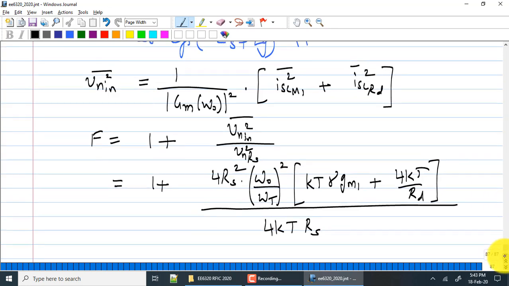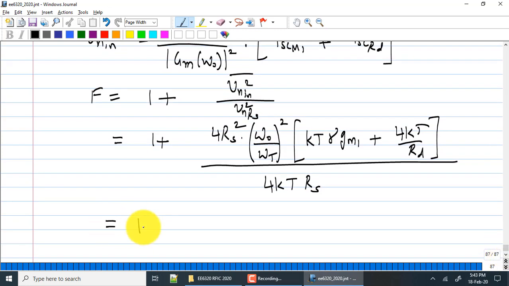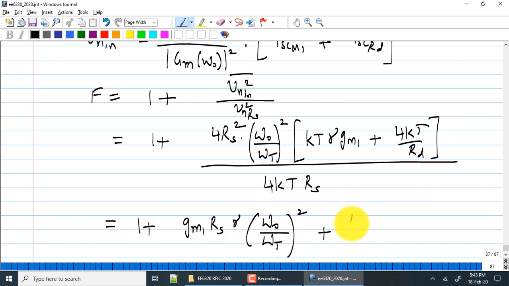So it's 4r squared into omega naught by omega t the whole square. So 1 plus, so gm1 rs 4 kt goes away, omega naught by omega t squared plus 4 rs by rd into... is this okay?